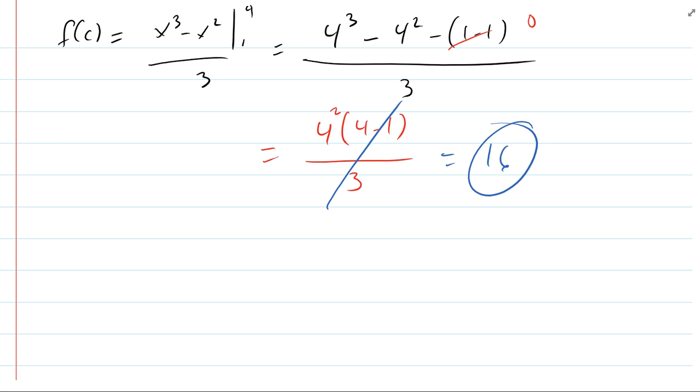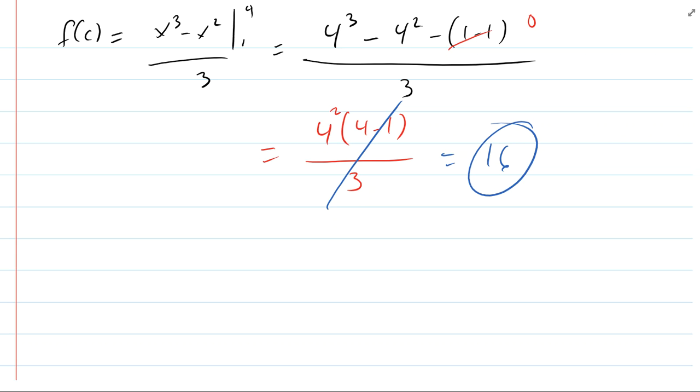I think that's enough. What do you think? Wait, so how do you find c now? If I wanted to find c, I would set the original function equal to 16.